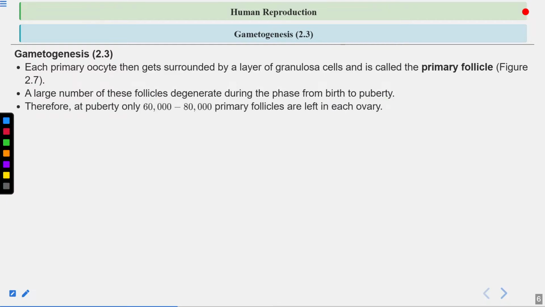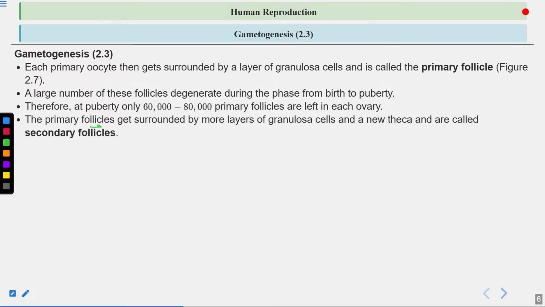Therefore, at puberty, only 60,000 to 80,000 primary follicles are left in each ovary. Clear? So, how many primary follicles are left? 60,000 to 80,000 primary follicles are left in each ovary.